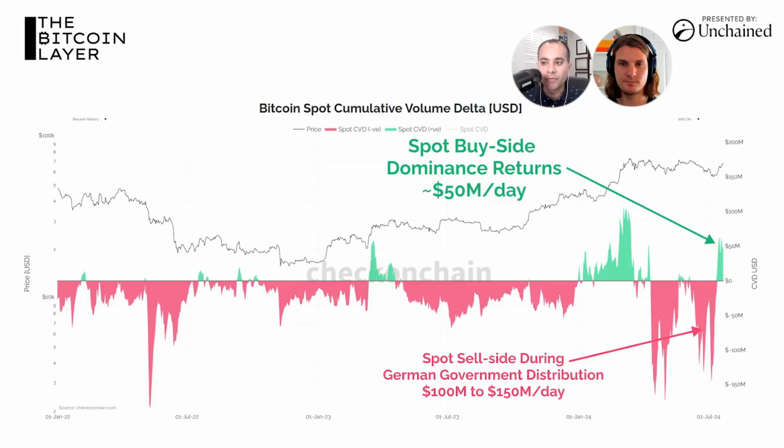I want to talk really quickly about, just to reinforce, this idea of limit orders absorbing market selling before we go to the next chart. So these large red areas below the axis here on the bottom pane suggest that you have more market sell orders than buy orders.